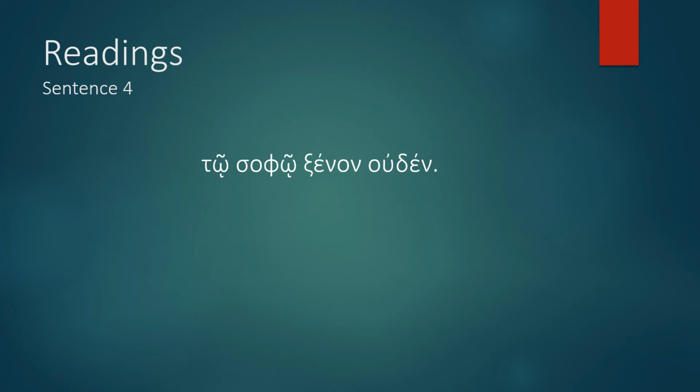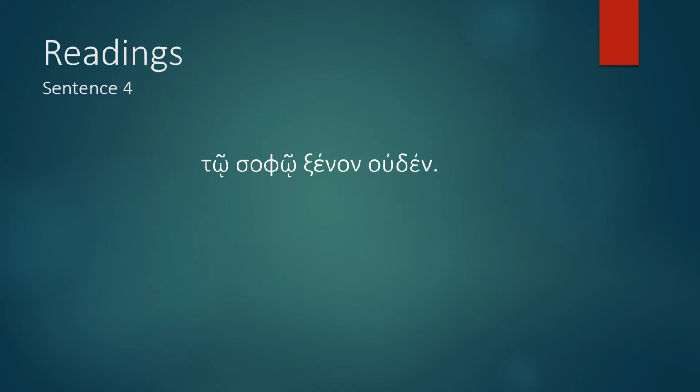So I'm going to say it can't be vocative or accusative, and therefore it's nominative, neuter, singular. And we're also just given by the gloss that xenon is strange. Uden also, we're told, is nothing. We can supply the verb is, so nothing is strange.